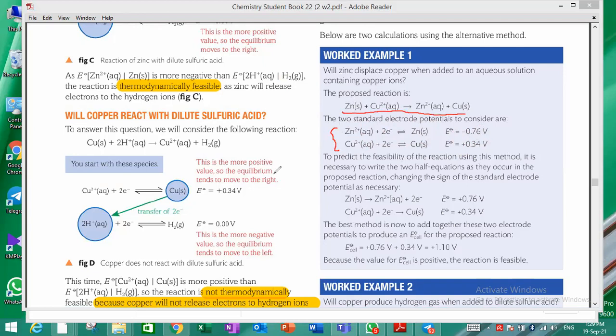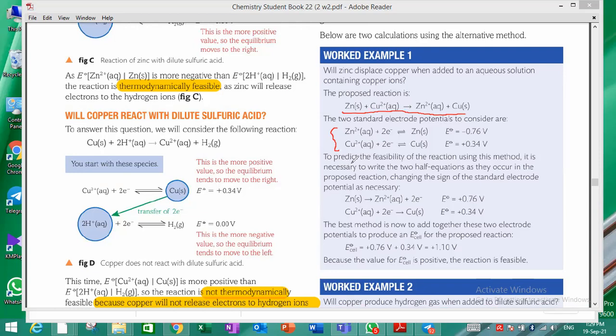Because what reacts with what? According to this arrangement, which species react with the other species? How are we going to choose them? The zinc solid will react with the copper ions.